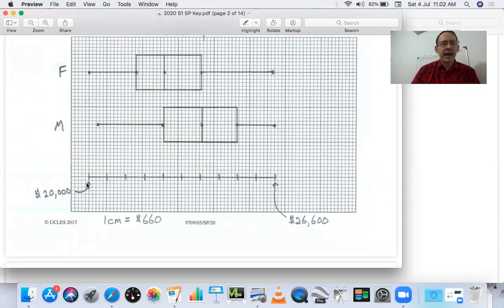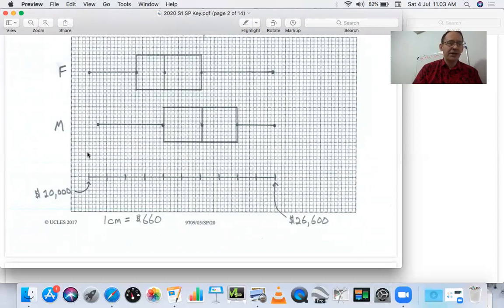So I just used a scale of 10. So if you count here 0, 1, 2, 3, 4, 5, 6, 7, 8, 9, 10, that means the difference is 6,600 divided by 10 means that 1 centimeter is $660 worth. So you're going to have to kind of estimate fairly accurately these spots.